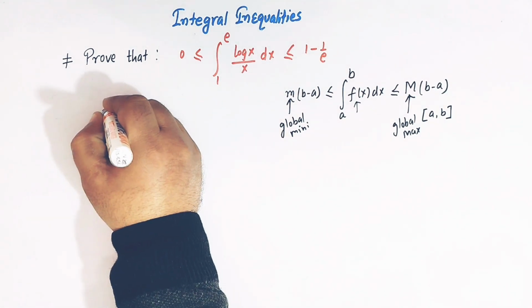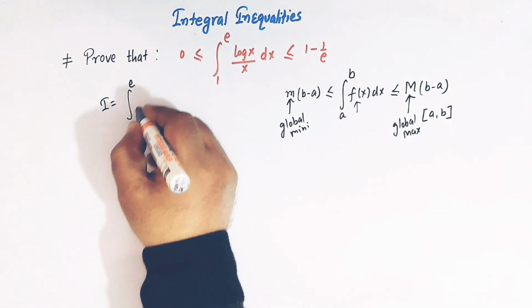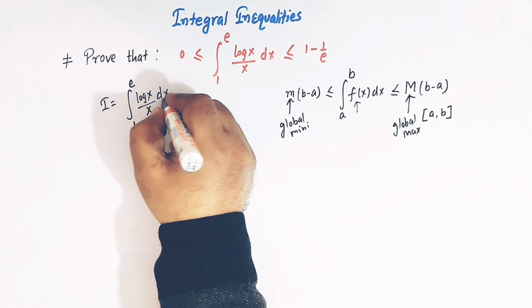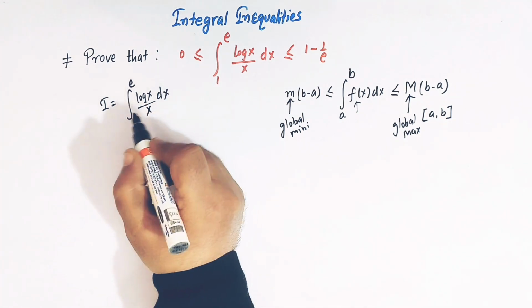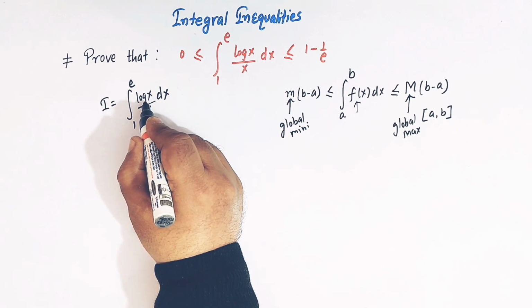So let us write I is equal to the integral from 1 to e, where e is the exponential number, of log x over x dx, and here we are considering the natural log of x, that is to the base e, right?